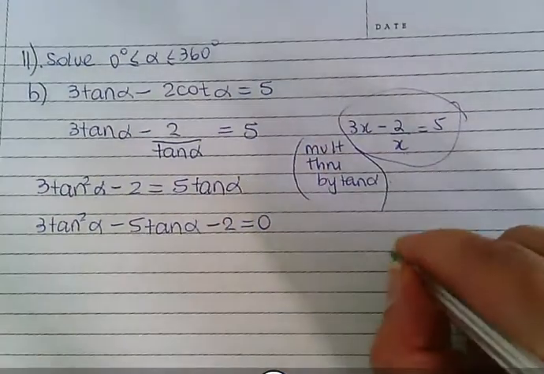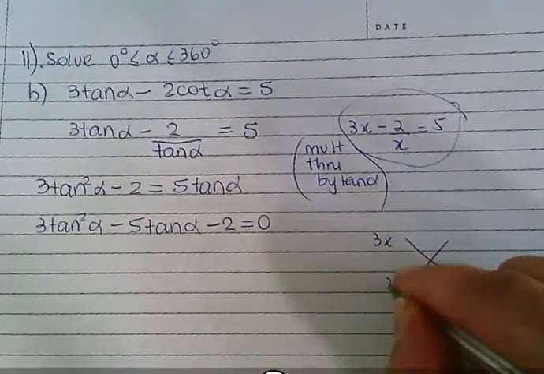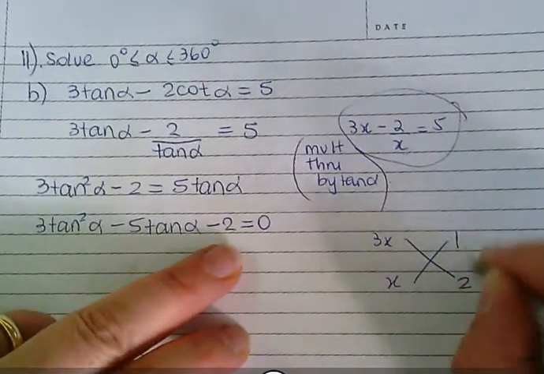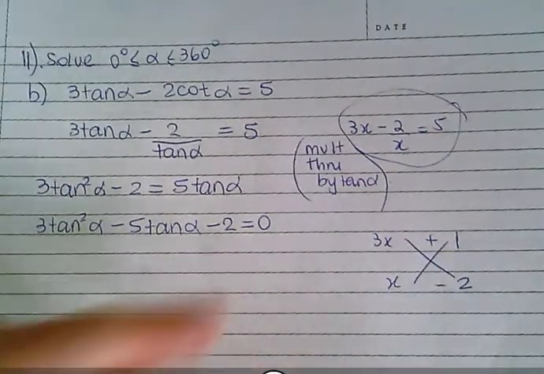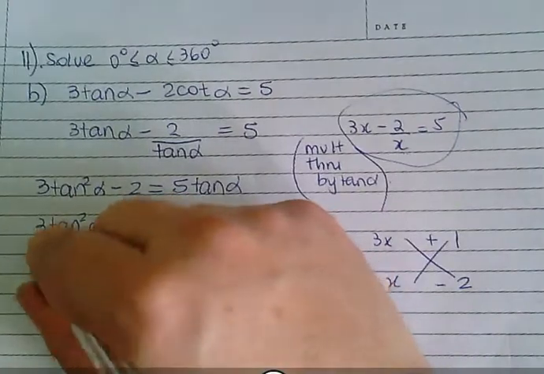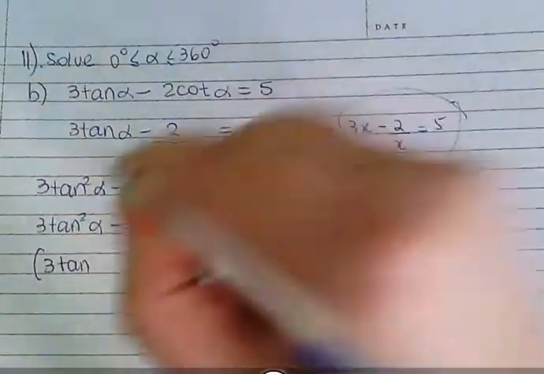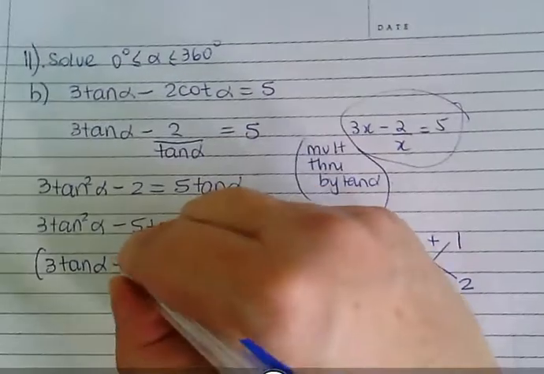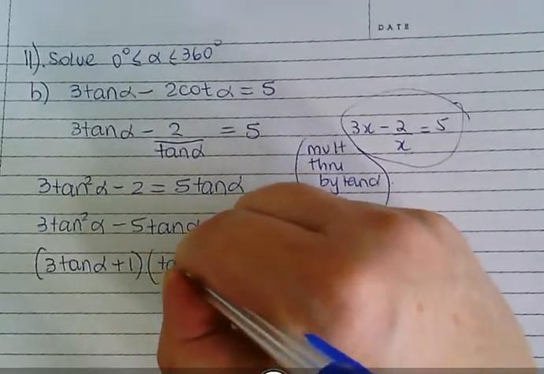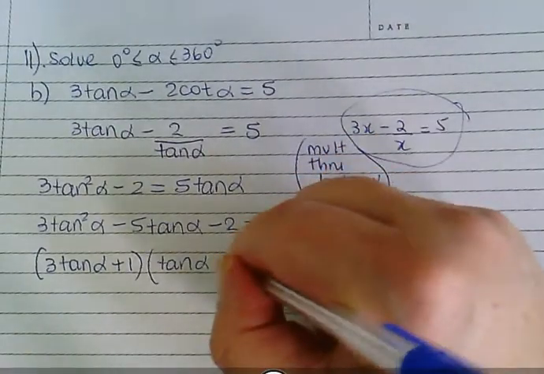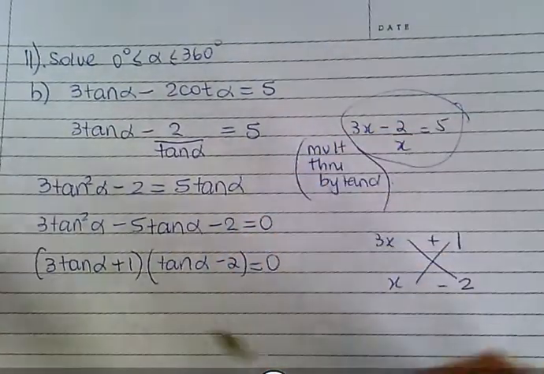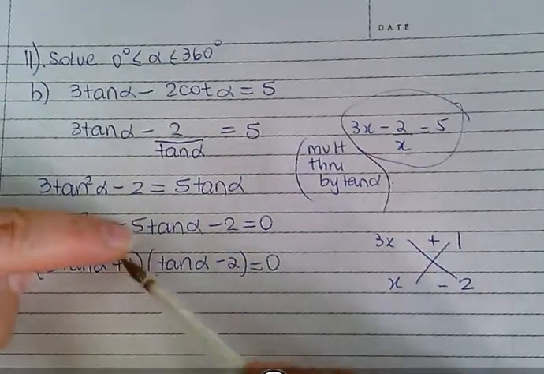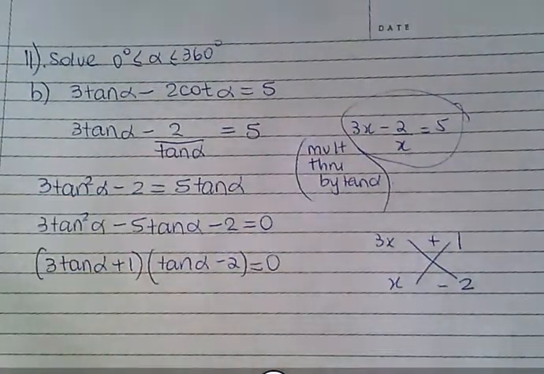And it's going to be, let's go, 3x and x. I'd say it's going to be 2 and 1. I think so. So it's going to be 3 tan alpha plus 1 and tan alpha minus 2 equals 0. Let's check: 3 tan squared alpha minus 6 tan alpha plus tan alpha minus 2.